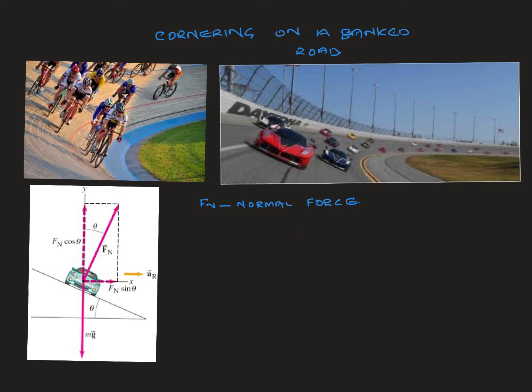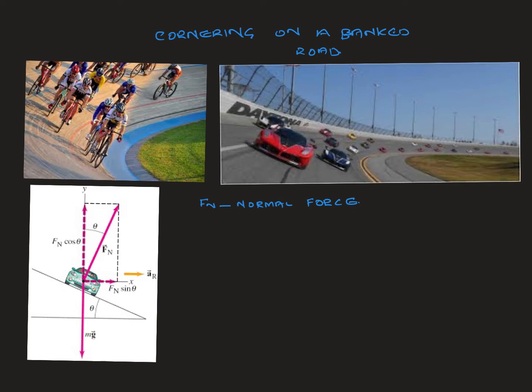But when you look at these race cars or these tracks where we have got the cyclist, we want to find a way to achieve a greater speed in a smaller circle, because we can't have acres of land for these tracks. So how do we achieve a high speed?